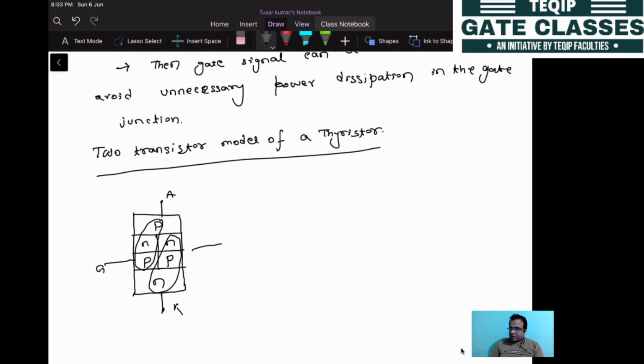Now how to represent this? If you want to represent it in a transistor model, look here. The first one will be one PNP transistor, the second one will be one NPN transistor. You can put it like this. This is the anode terminal A. From there, here you put one transistor, that is the PNP transistor, with the arrow mark here.